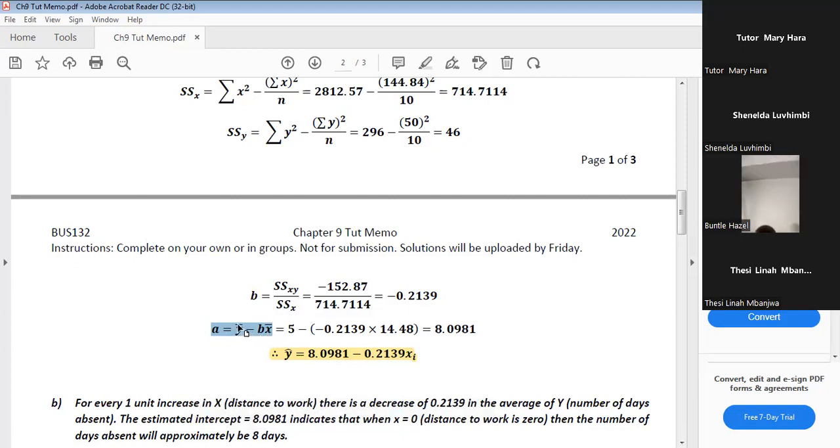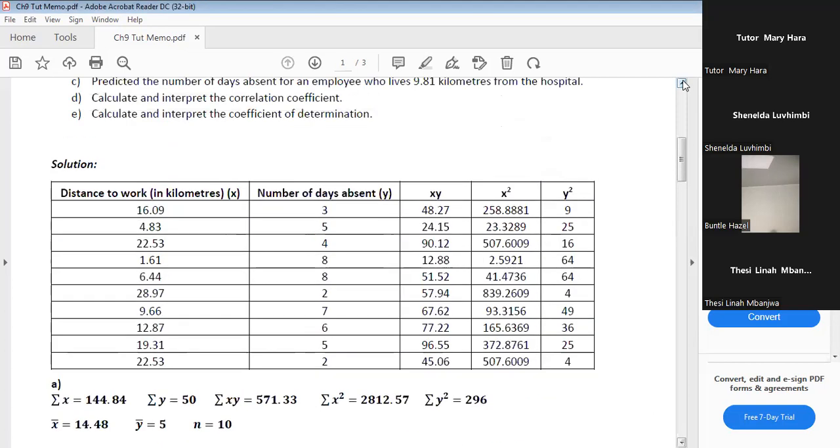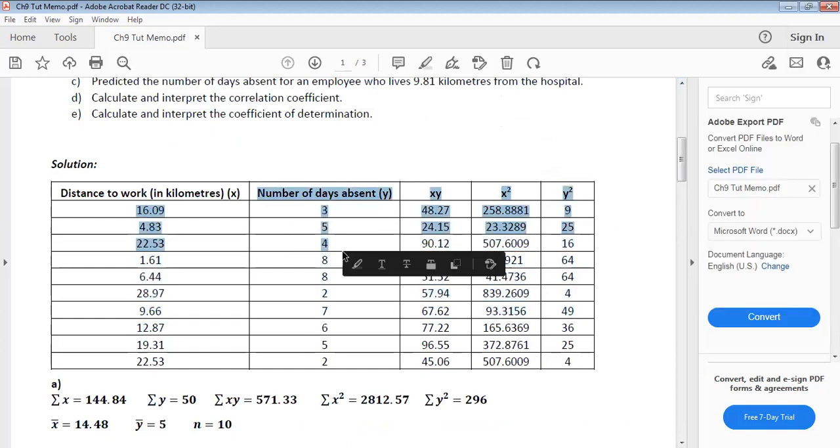The y mean is just the mean of the values that are given. Here is your y, this column here.